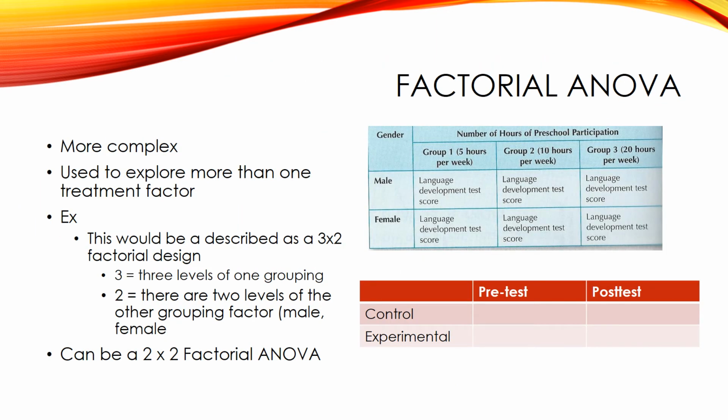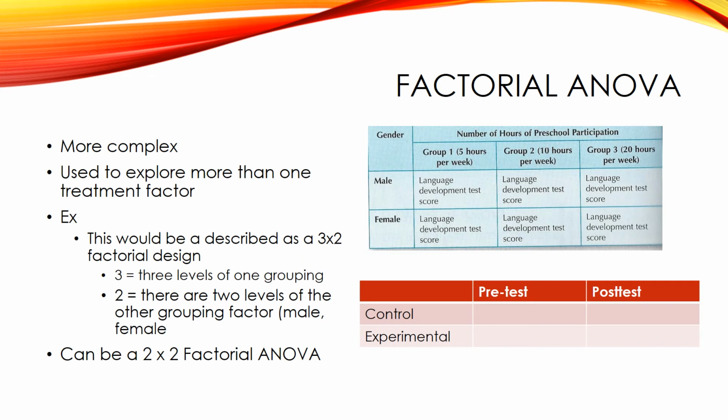Then you have your factorial ANOVA, again sometimes called a two-way ANOVA or two-way factorial ANOVA. This is a little bit more complex. It uses more than one treatment factor. So now, instead of just having our 3 groups and just being interested in each group as a whole, whether male or female, they were just thrown into a group, language development test scores.